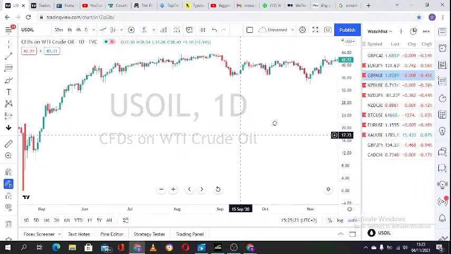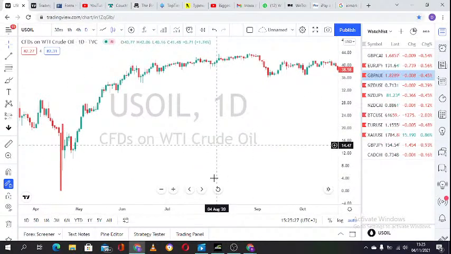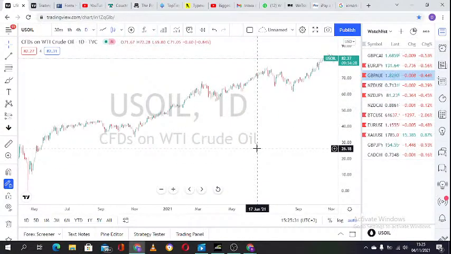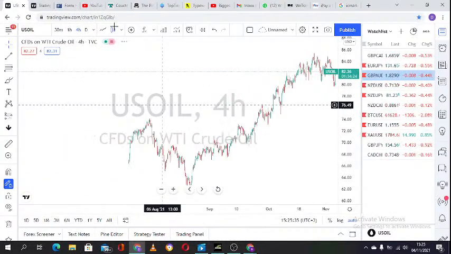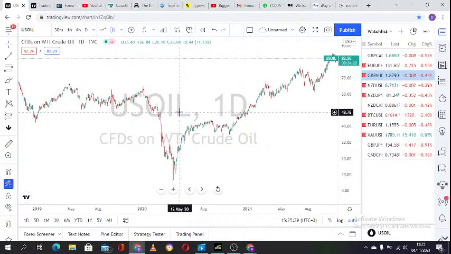So from there, if you bought at zero, then definitely you are one rich fella. I don't even understand why I did not hold. But you can see oil already surpassed its previous highs of 2020.